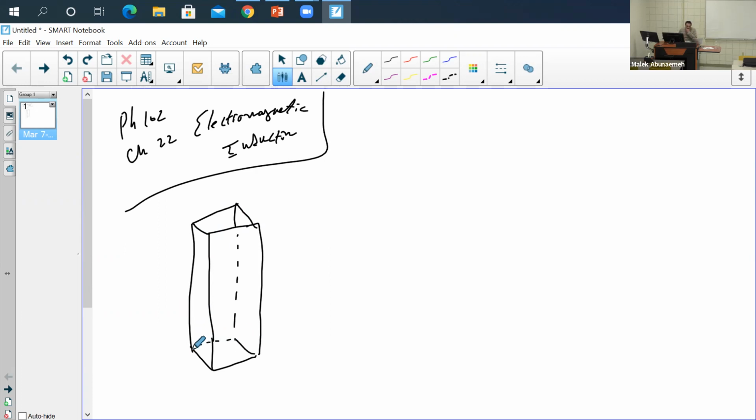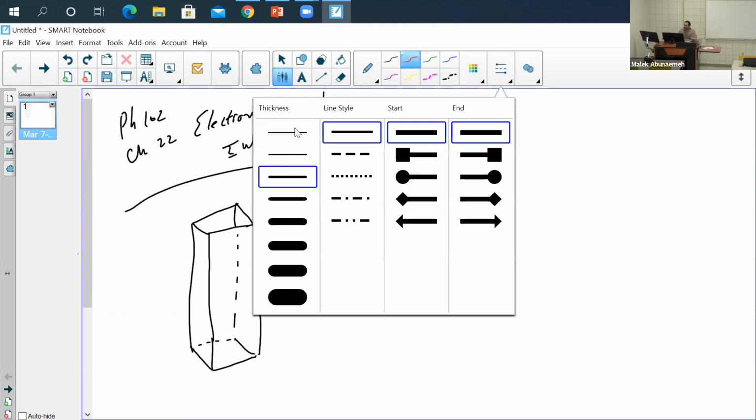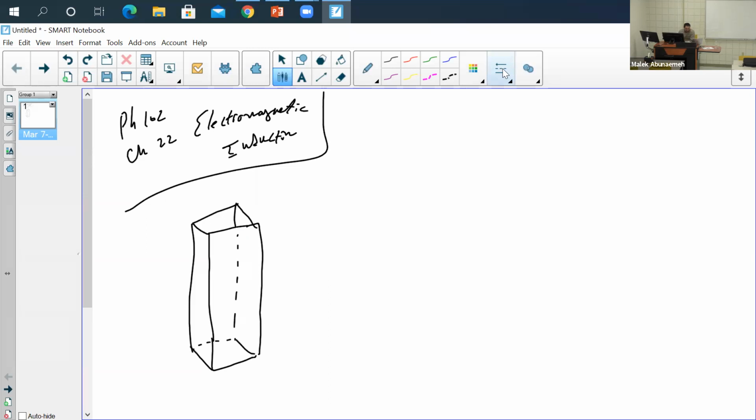All right, so let's say in this box you have air. So you've got air particles. Let's say at the bottom your air is more dense, and at the top it is less dense.